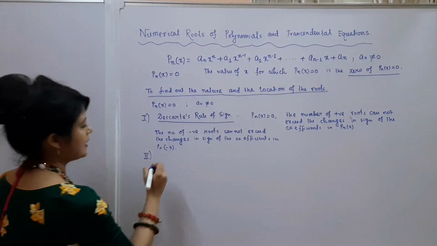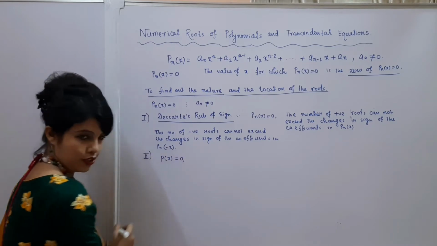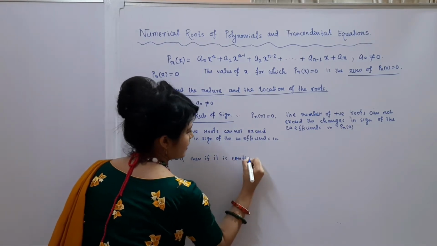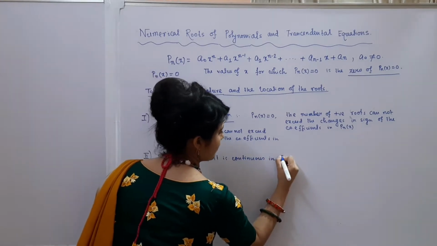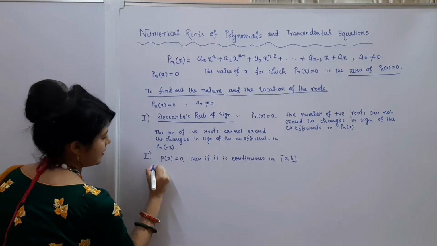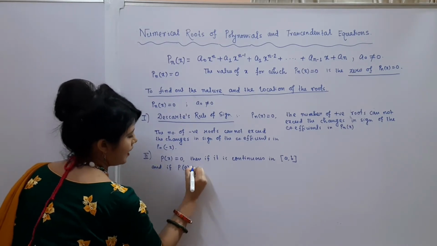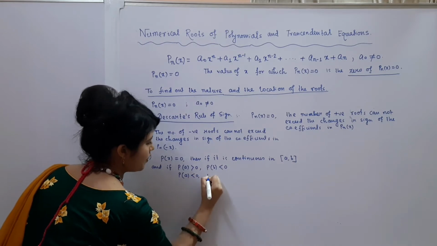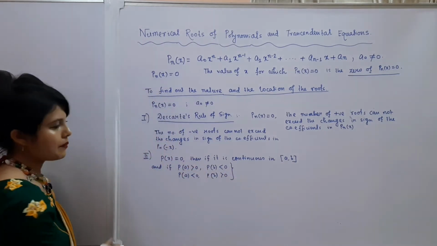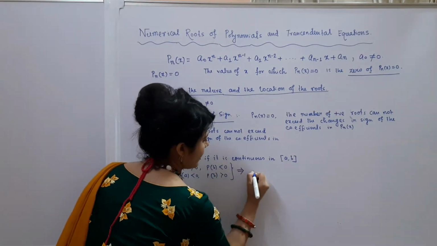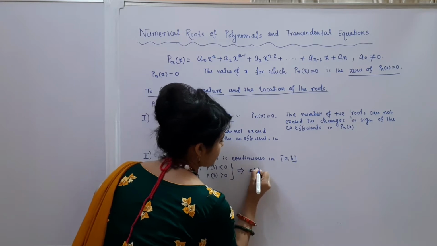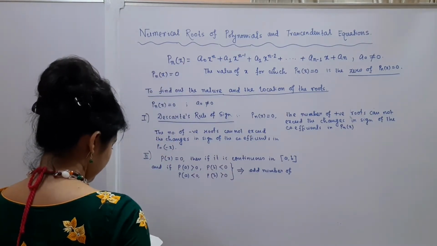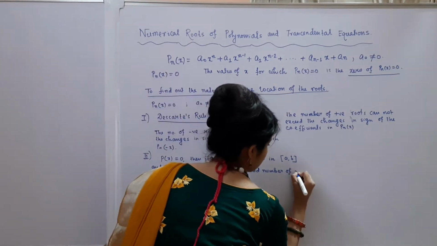Now number 2: if we consider a polynomial, suppose P(x) = 0, and if it is continuous in the interval (a, b), and if P(a) is greater than 0 and P(b) less than 0, or P(a) less than 0 and P(b) greater than 0, that is both of them are of opposite sign, then there exists an odd number of real roots.